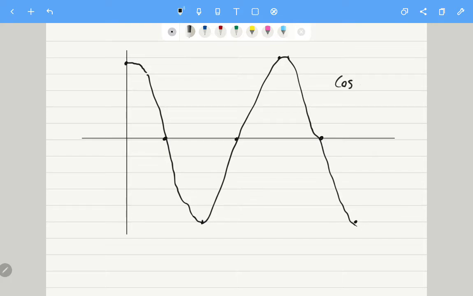So this is cos of x. Let's have a look at the gradient points. We've got these 4 points, and they're all going to have a gradient of 0. Then this one's going to be -1, because it's going down. This one's going to be +1, because it's going up. And this one's going to be -1, going down.